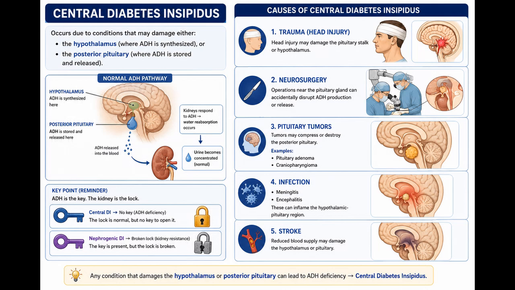Operations near the pituitary gland can accidentally disrupt ADH production or release. Pituitary tumors. Tumors may compress or destroy the posterior pituitary. Examples: pituitary adenoma, craniopharyngioma. Infection: meningitis, encephalitis. These can inflame the hypothalamic pituitary region. Stroke. Reduced blood supply may damage the hypothalamus or pituitary.